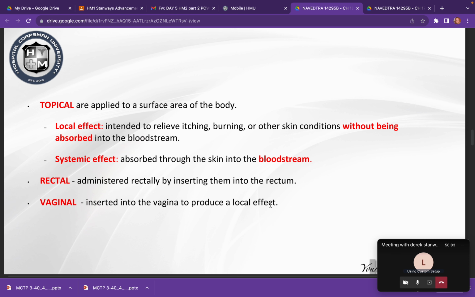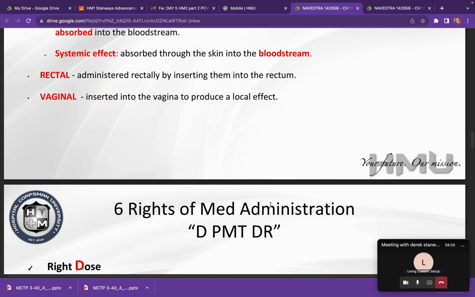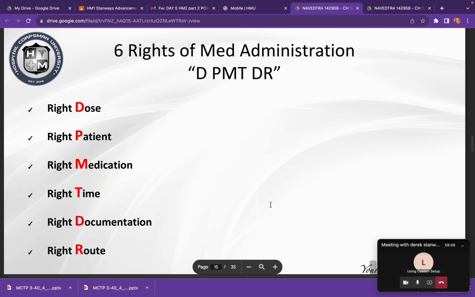This is very important. You'll see it every time, even for those who have to complete the HMPQS. This is one of the questions that always hits everybody that comes through my window to get signed off. Make sure you understand the 6 rights, because this is very important, regardless of whether you work in pharmacy or not.